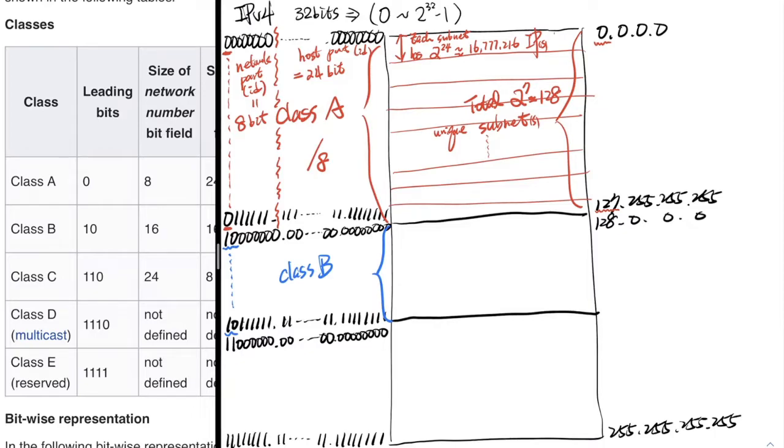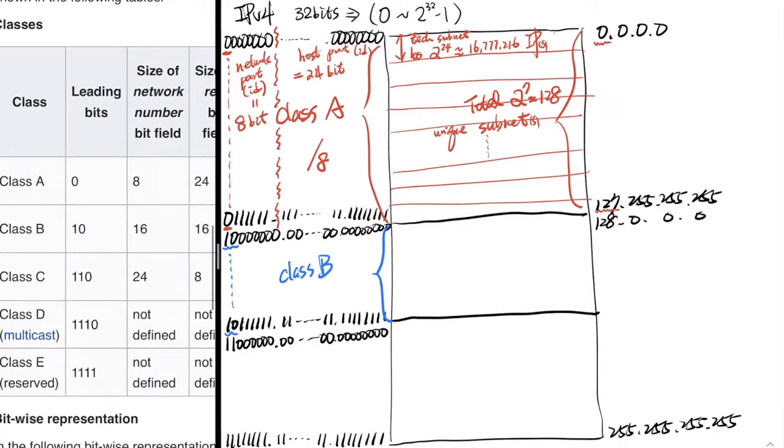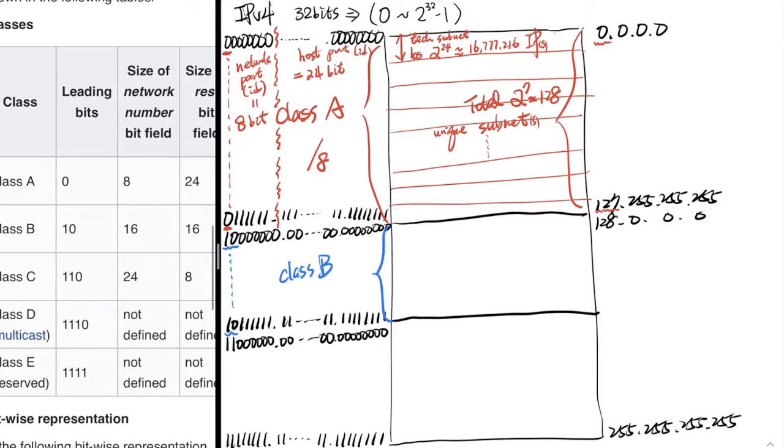Let's look at the second row. The leading bits for class B are 1, 0, and we manually define that in class B the network ID is 16 bits, and the host ID has 16 bits as well.